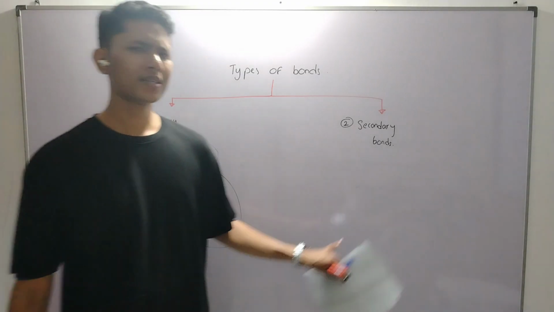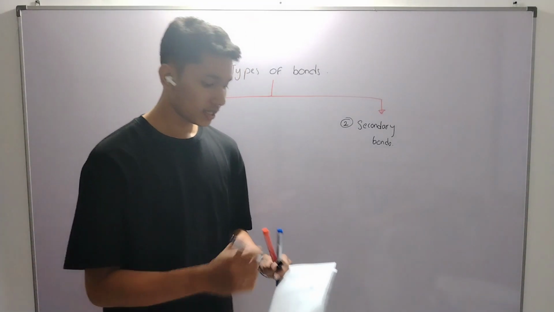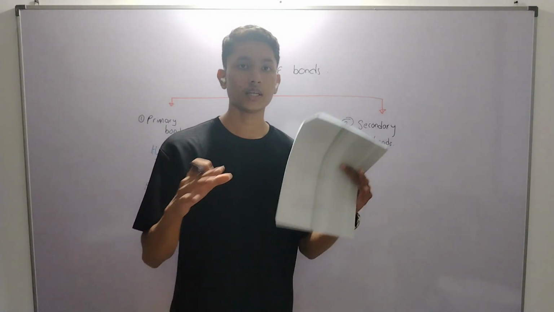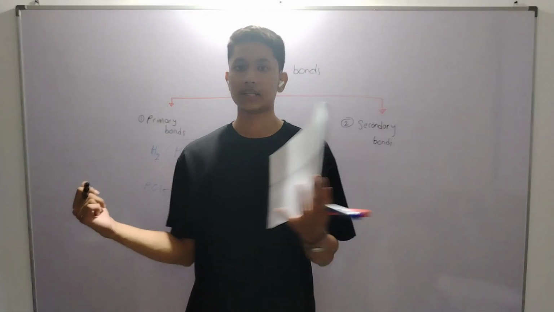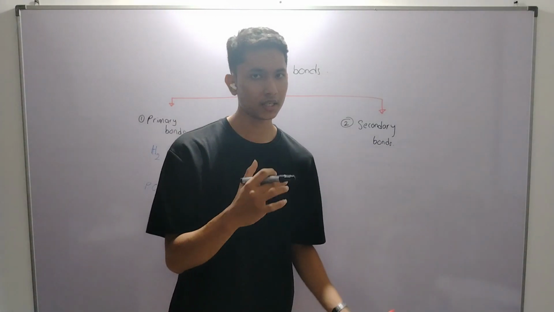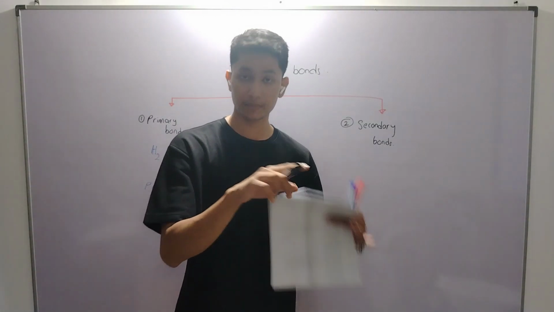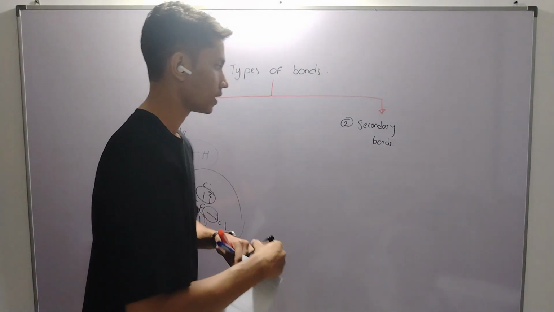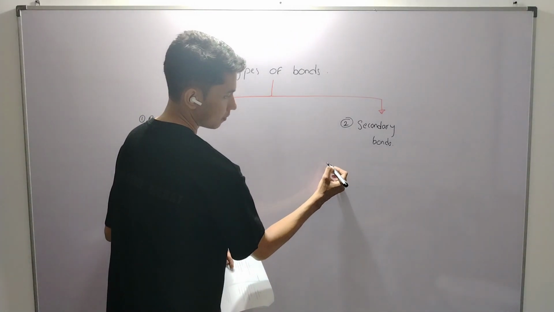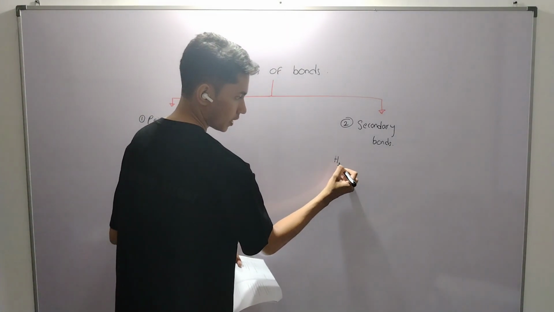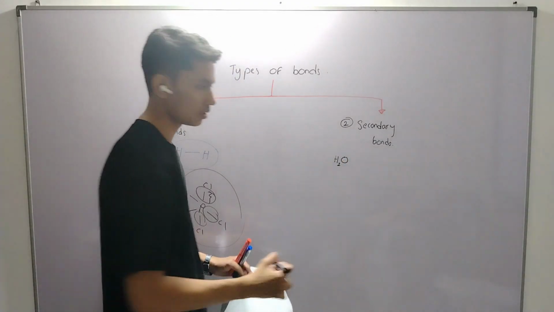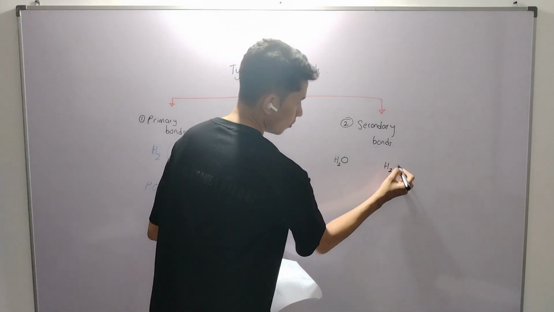Now what is meant by secondary bonds? Secondary bonds are bonds present in between molecules. This is within the molecule; secondary bonds are bonds present in between molecules. Now let's say this is a molecule H2O, water, and this is another H2O molecule.